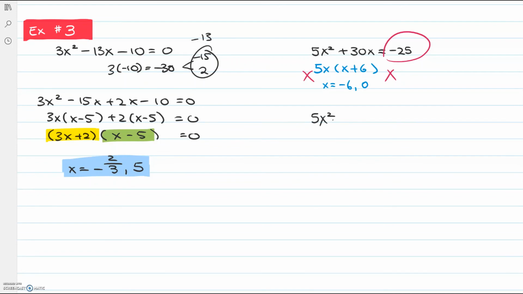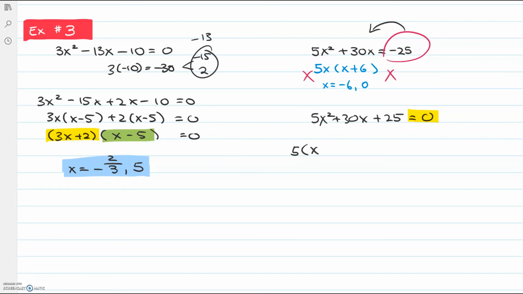It is 5x squared plus 30x, and I have to move this to the other side here, plus 25 equals 0. Until my equation is actually equal to 0, I can't solve for x. Okay? Repeat after me: you cannot solve for x unless your equation equals 0. So now we can solve for it as we normally would.